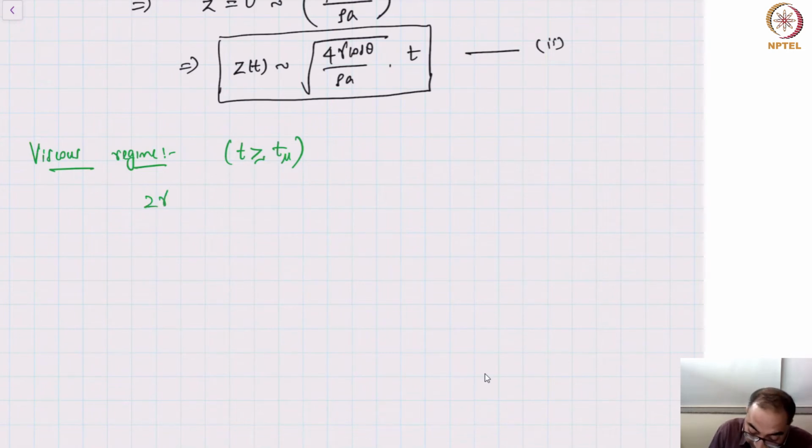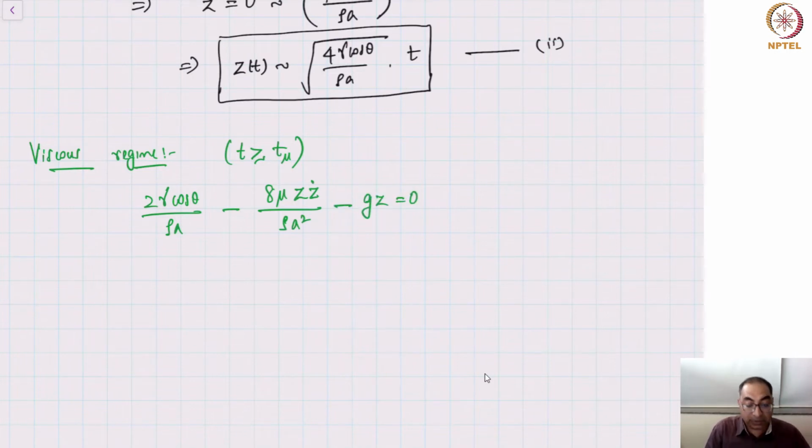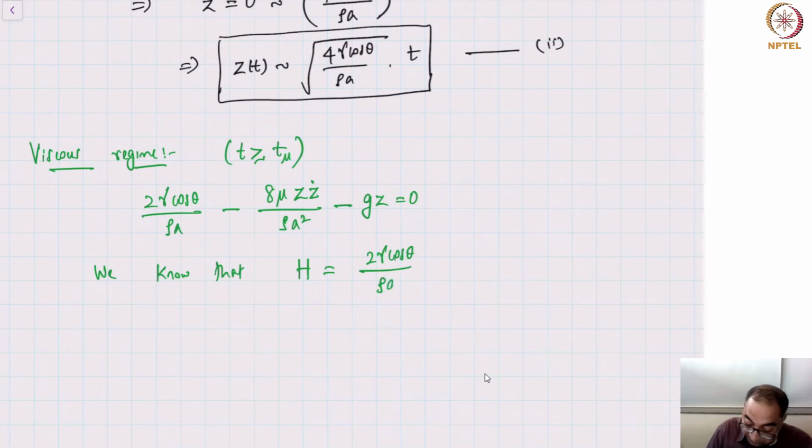Now in this case, we have the surface tension term, and then we have the viscous term, and finally the gravity term, which are all equally important. Okay. And we know that the static height of the capillary tube is 2 gamma cos theta by rho g a.